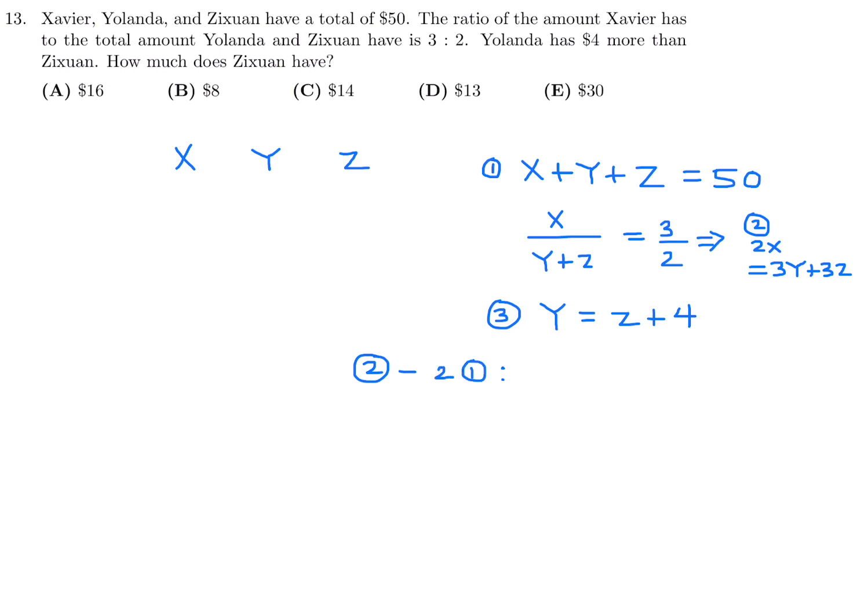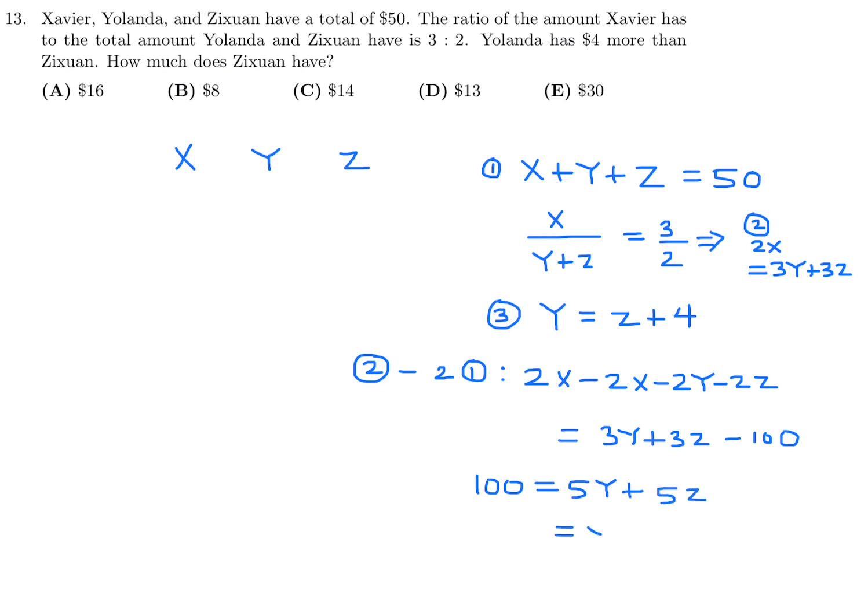So if I do that, I get 2x - 2x - 2y - 2z on one side, and on the other side it would be 3y + 3z - 100. Simplifying this, we get 100 is equal to 5y + 5z.